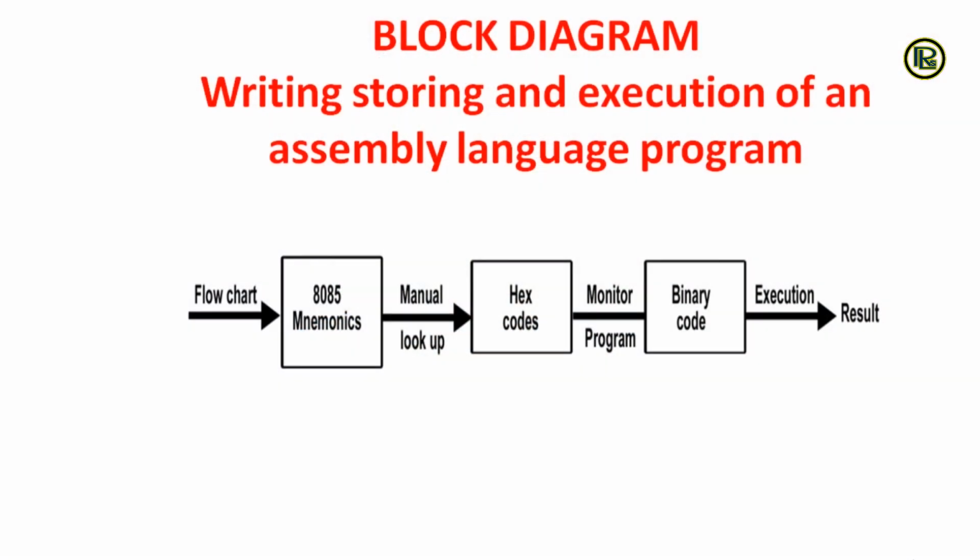Then we have to find the appropriate mnemonics of the Intel 8085 that are available in the manual or any textbook on the Intel 8085 microprocessor. Then we have to find the appropriate hexadecimal codes for all the mnemonics. Then the monitor program converts the program into binary code. Then we execute the program and the result will come.